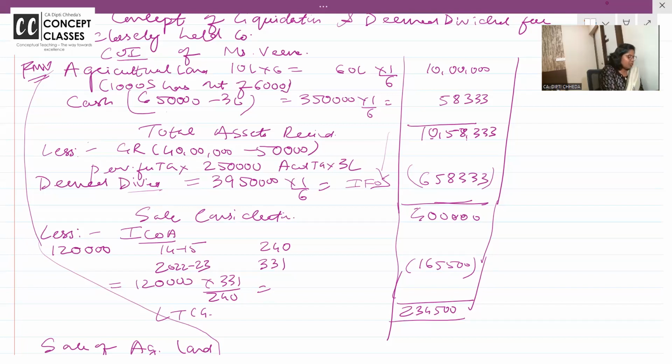Yeah, it's correct. It's 4 lakh only. Sale consideration, because 658,333 will be taxable as income from other sources.